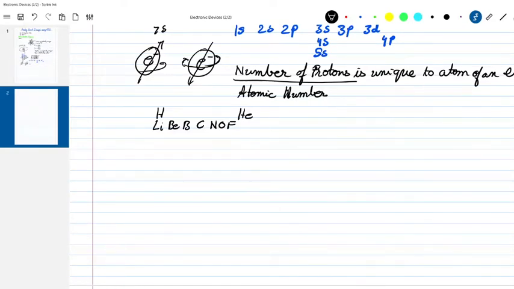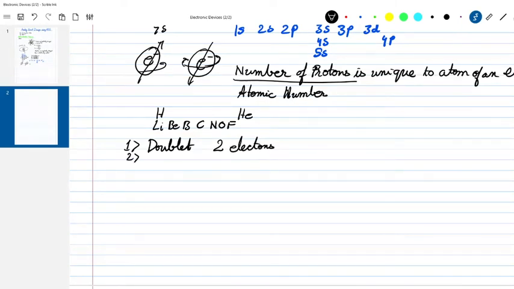Now this is based on something called valency. Let's discuss that. There are 2 rules for an atom to be chemically stable. One is called the doublet rule. That means that the outermost orbital, which is the highest energy orbital, also known as the valence orbital, should have 2 electrons.